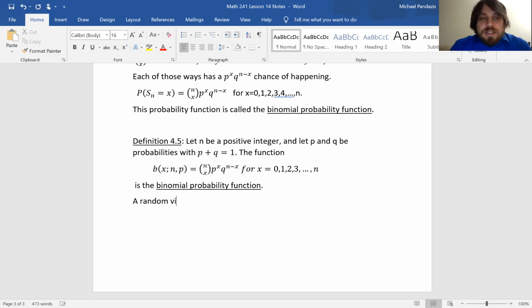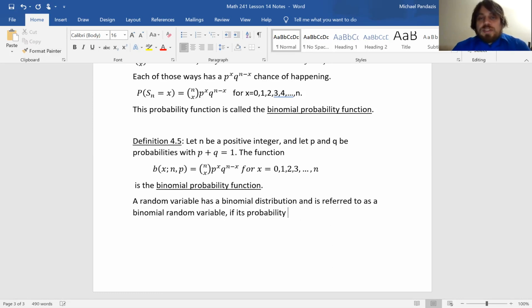Okay, a random variable has a binomial distribution and is referred to as a binomial random variable if its probability function is the binomial probability function.